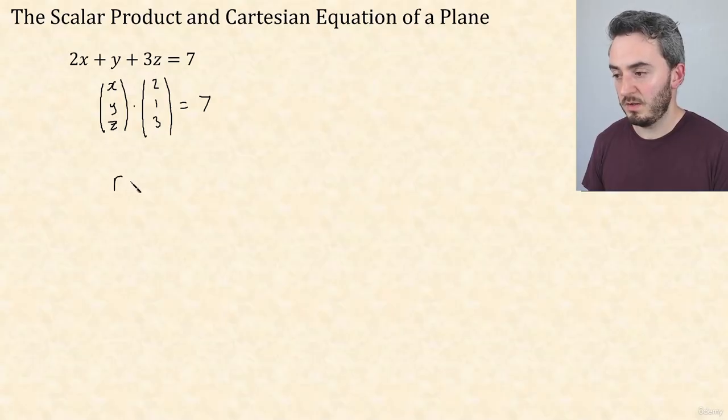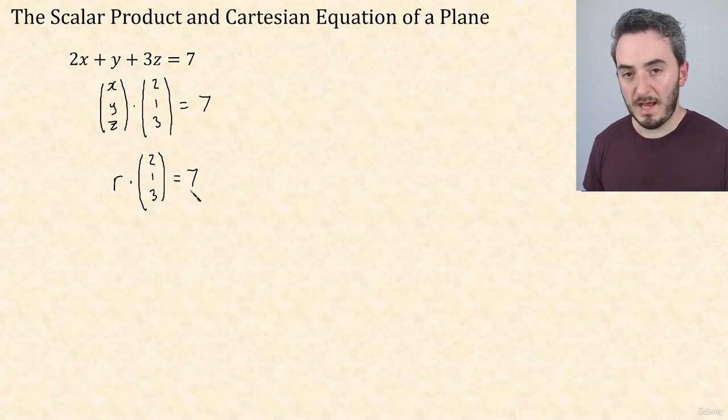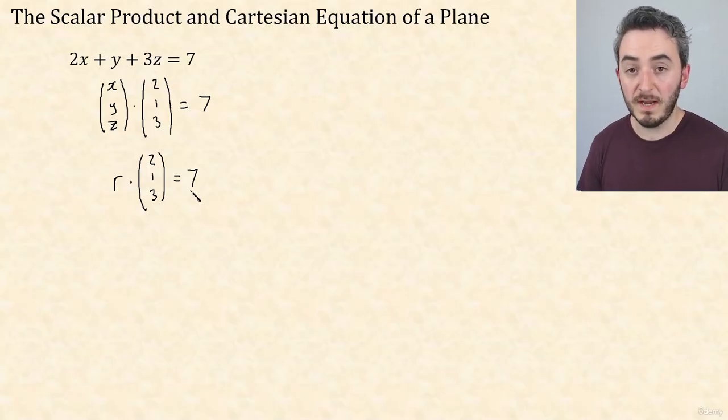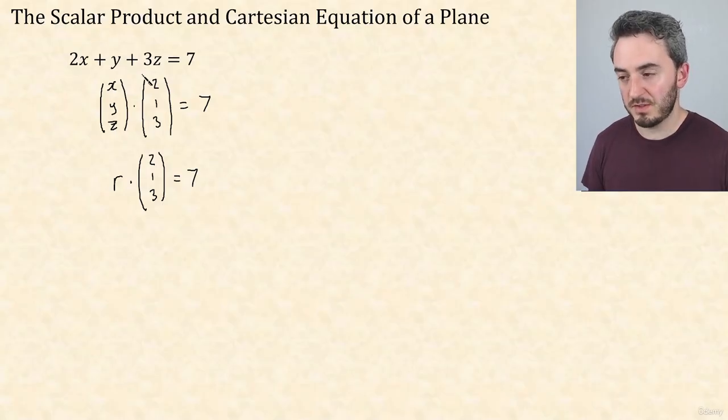So r dot 2, 1, 3 equals 7. And this is yet another version of the equation of a plane, sometimes called the dot product form, sometimes called the point normal form. And it really is just equivalent to the Cartesian form.